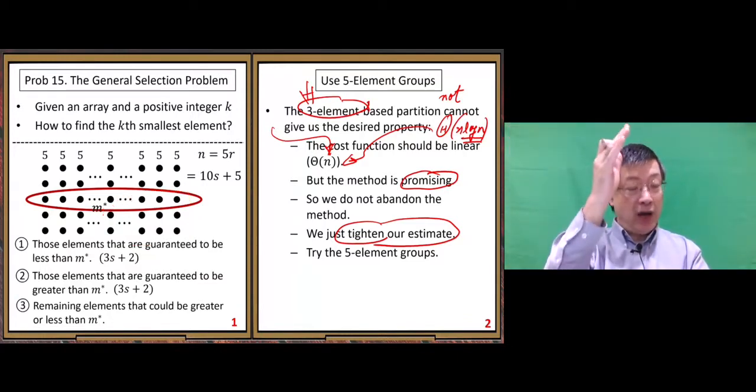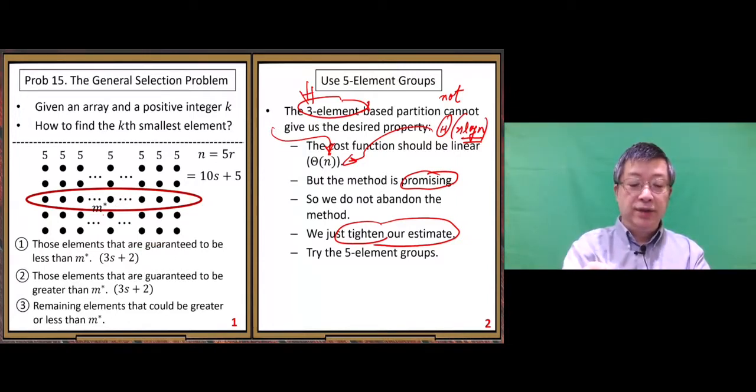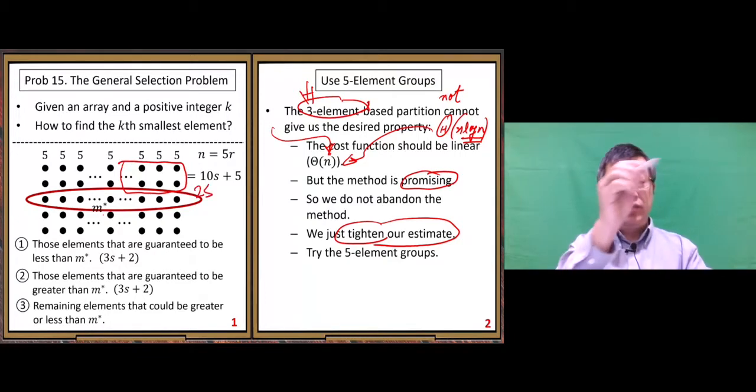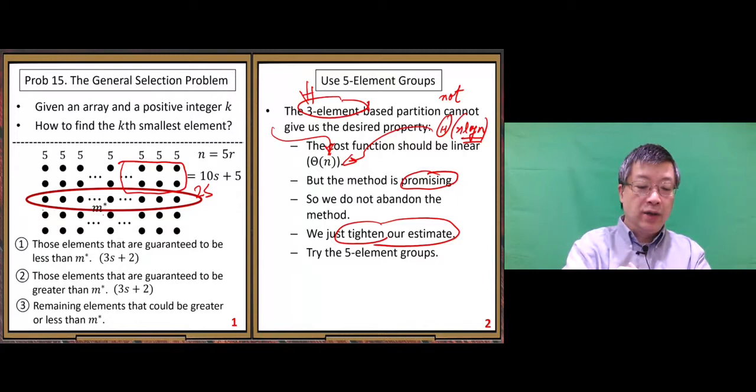Two corner blocks. One corner block here: 2S, right? Each row S, two rows, 2S. One corner block here is also 2S.